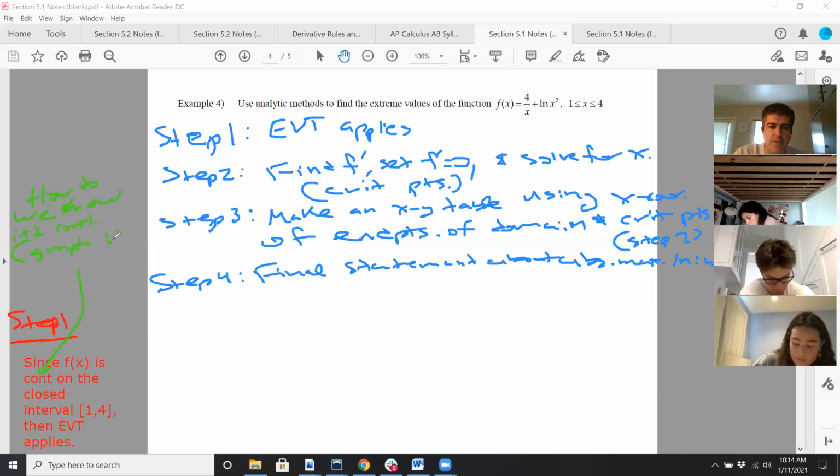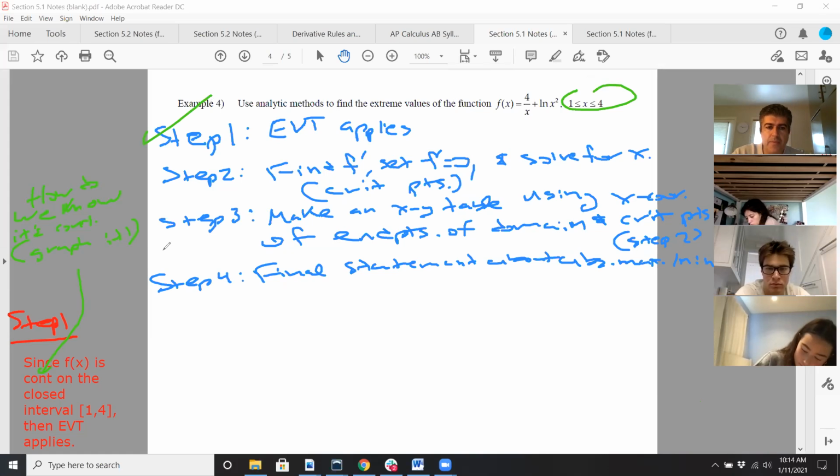Just go to Desmos and graph it. You'll see for yourself. I know it's a really weird function, but just look at it from 1 to 4. You'll see it's continuous. It doesn't have to be smooth. It could have corners, but it's continuous. So that's step 1. Check.